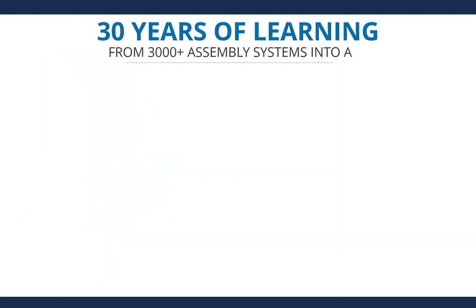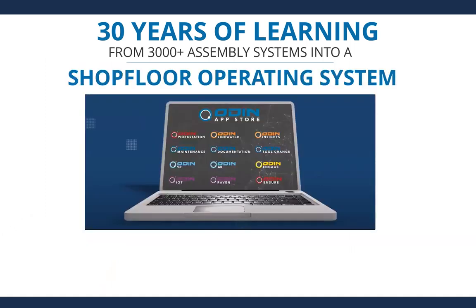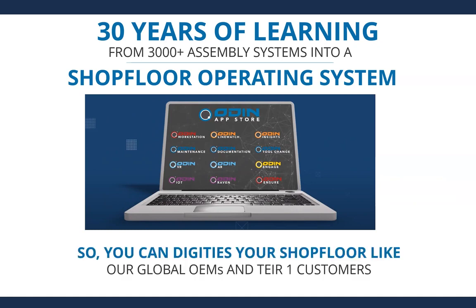So what we've been fortunate to do is build over 3,000 assembly systems. We've taken 30 years of learning and put that into an operating system specifically for the shop floor in the discrete manufacturing space. We've learned what this operating system needs to do because we've delivered a lot of these solutions to global OEMs and global tier ones that have teams of people that determine what the process should be, what the traceability should be, and what the key functions of an operating system should be.